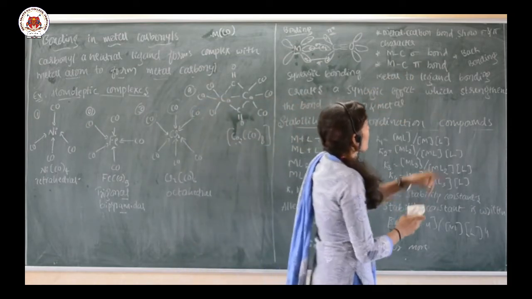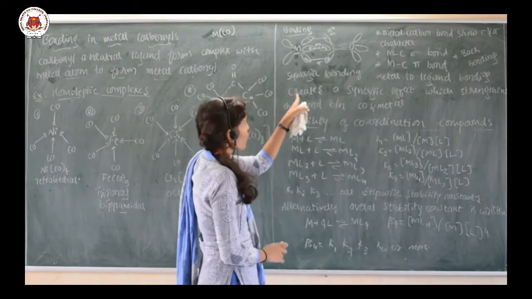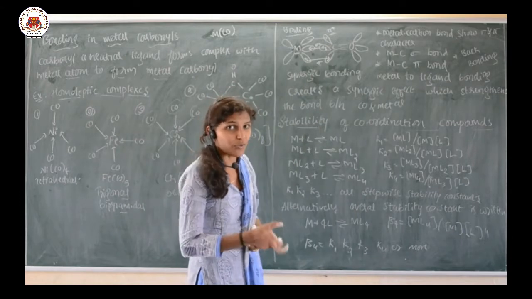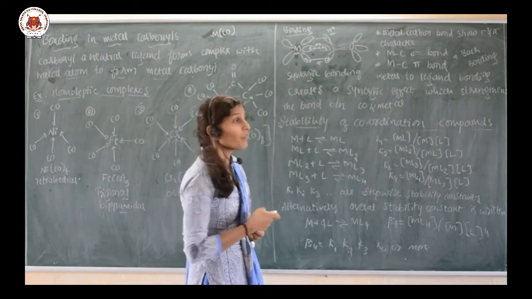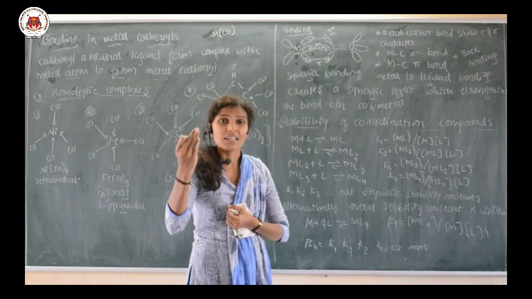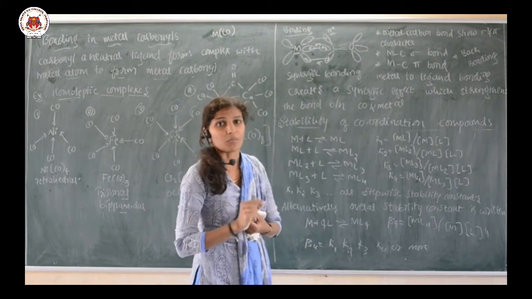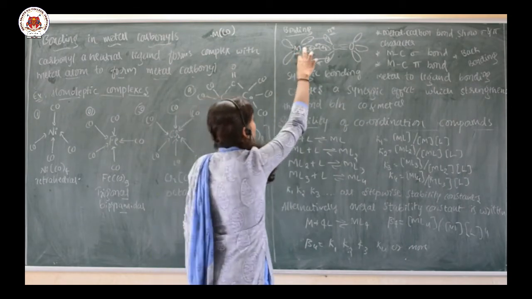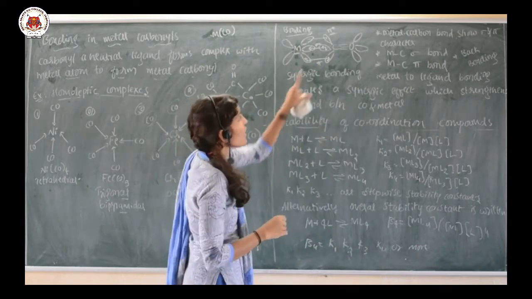This metal to ligand bonding creates a synergic effect, meaning both sigma and pi bonds take place. First the sigma bond forms: the ligand donates a lone pair of electrons to the empty orbital of the metal, and then there is a back donation from the metal, where the filled d orbital of the metal donates towards the carbon.